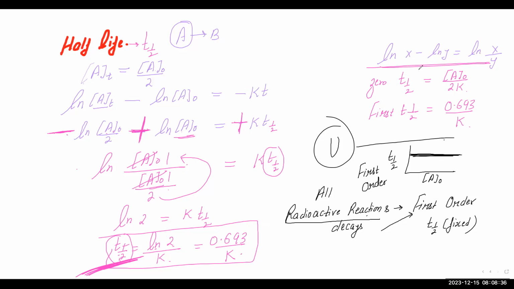But how will the graph go here in zero order? This represents a straight line. This is your t half, and this is the concentration of A. So when the concentration of A is zero, what is the half-life? Zero. It will go like this, isn't it? The y-intercept is zero here.